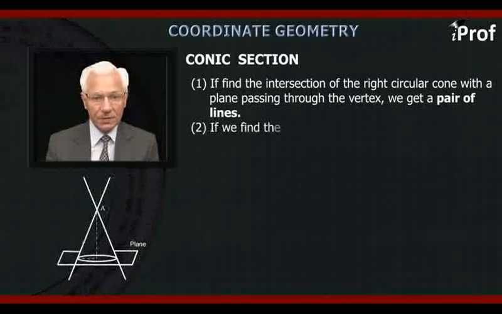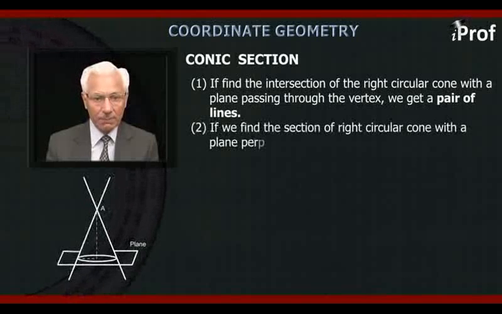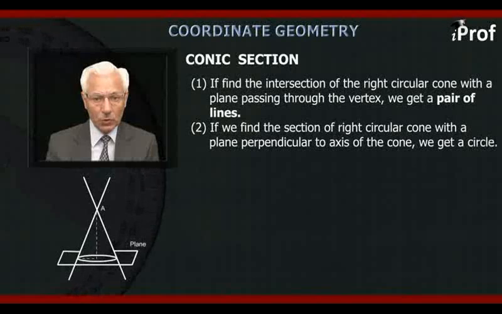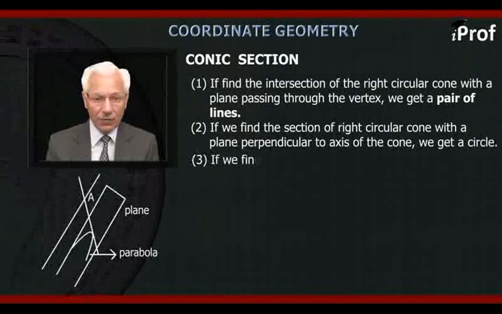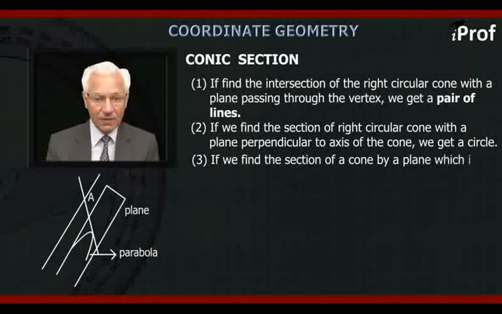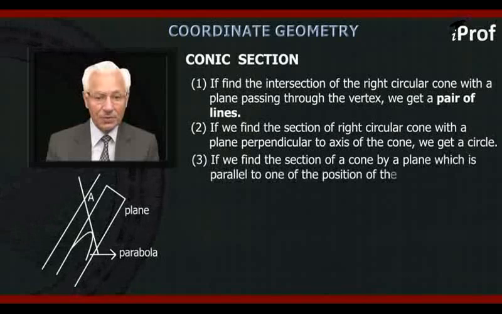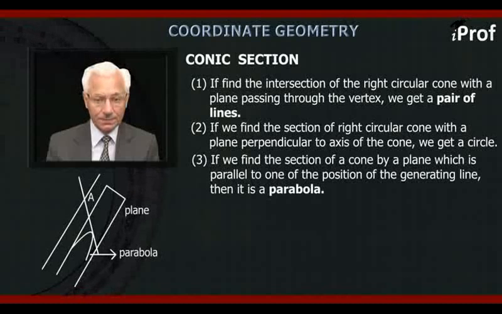If we find the section of the right circular cone with a plane perpendicular to the axis of the cone, we get a circle. And third, if we find the section of a cone by a plane which is parallel to one of the positions of the generating line, then it is called a parabola.